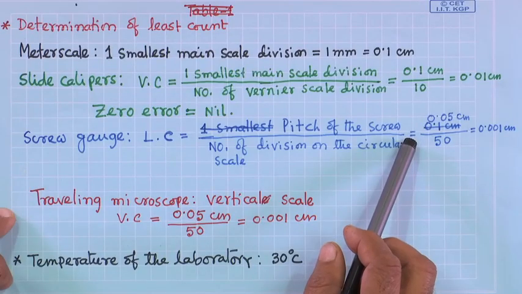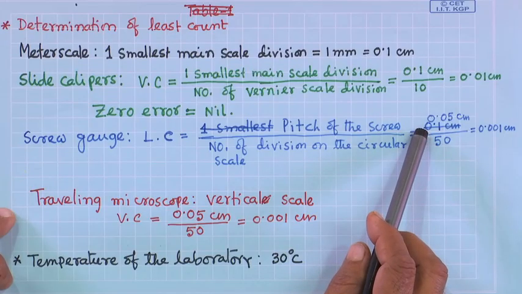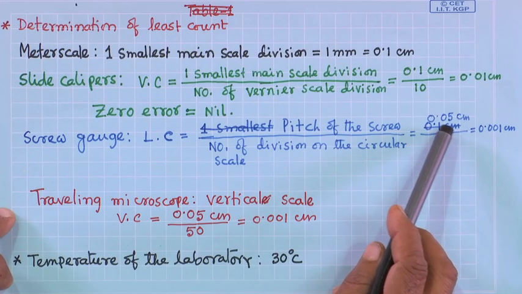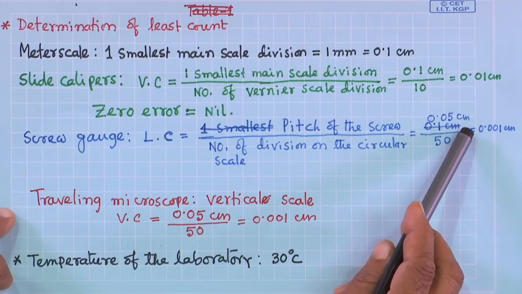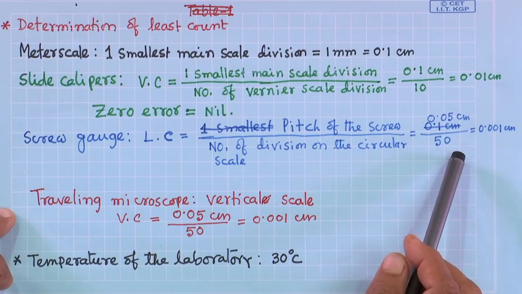In our case for one complete rotation the pitch of the screw was 0.5 millimeter, that is 0.05 centimeter, and the number of circular scale divisions was 50.